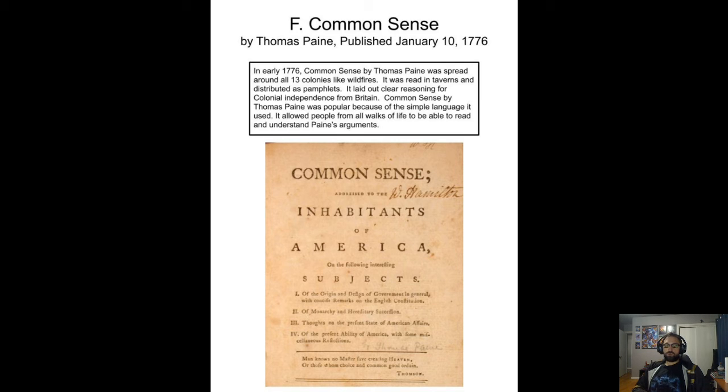Okay, so Thomas Paine wrote his pamphlet, Common Sense, in a way that everyone could understand. This wasn't the case for a lot of writing at this time. A lot of writing was released, and it was for people who were educated. It was for people who had gone to college or were fortunate enough to have a good education.